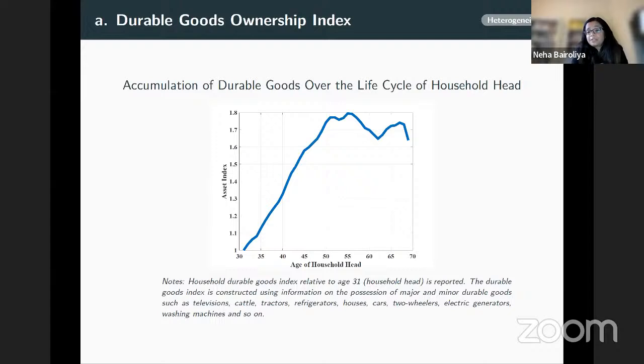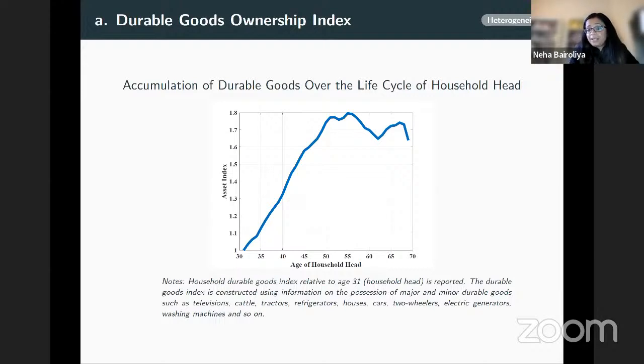So early on, people start with a low collection of these physical assets, and they build pretty quickly. What this picture is telling us is that there is some merit to the story that there is a demand for durables. Households demand these lumpy investments in consumer durables, because we see them building the stock pretty quickly, and it stays at a high level after age 50.